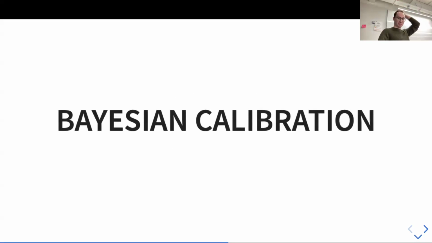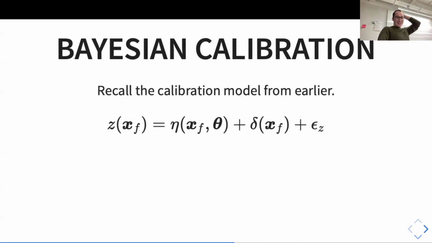Let's do some Bayesian calibration. Okay, so this is the model that we saw earlier. Observations are equal to the simulation output plus the model discrepancy plus some observation noise. I've changed the letter slightly. So instead of saying xi, I've now put xf. And the reason I've done that is xf stands for the locations in space and time where the field observations have occurred.